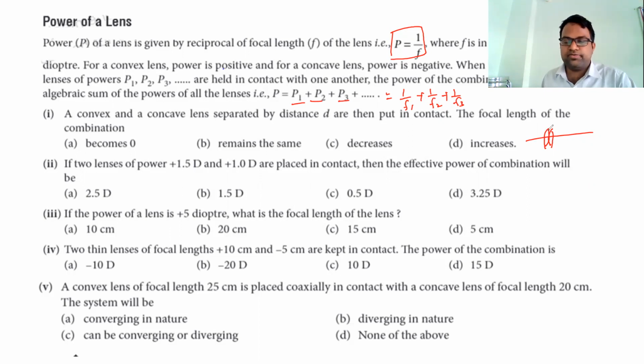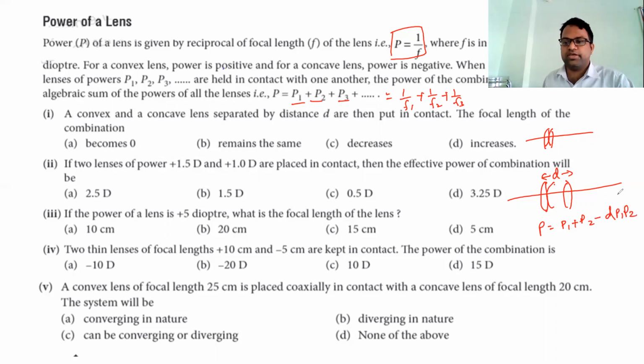What is the formula if lenses are separated? It is not written, but all of you should know that if the lenses are separated by a distance d, then the power of this combination is P1 plus P2 minus d into P1 P2.